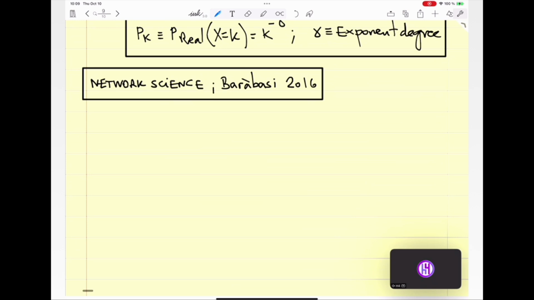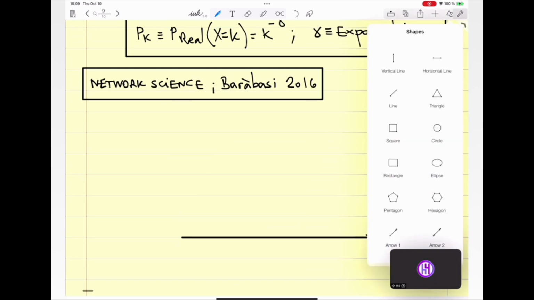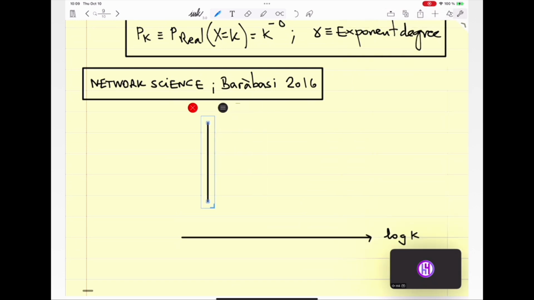So how do we represent this graphically, and what are the interpretations of the graph? Let's look at it. If this is the logarithm of the degree, and this is the logarithm of the probability, we fix gamma to 2.1.